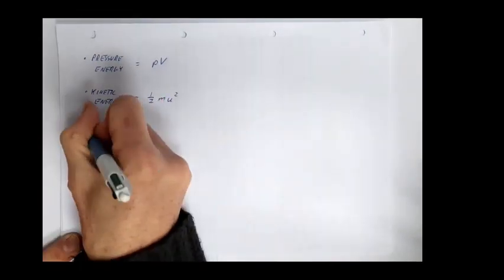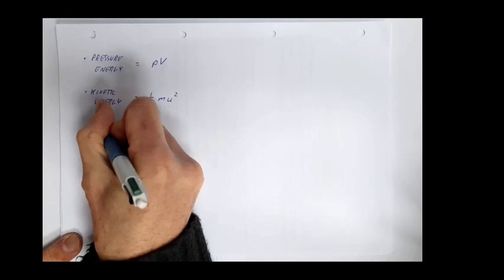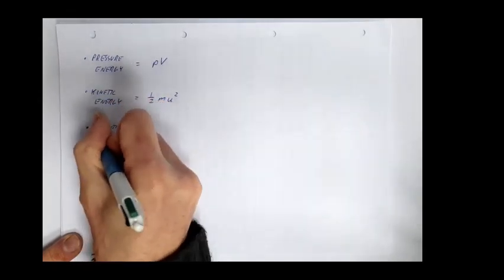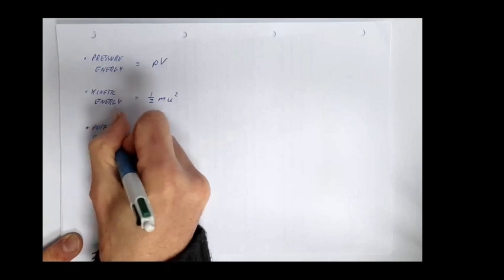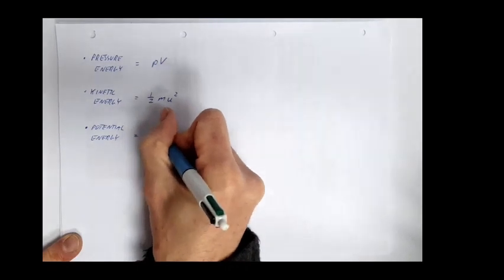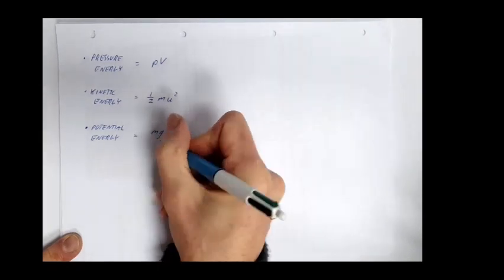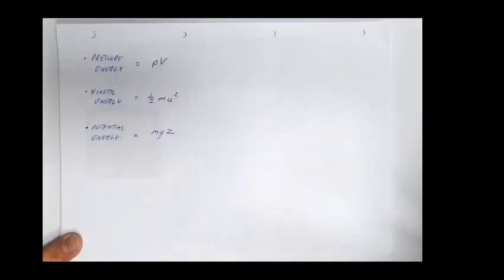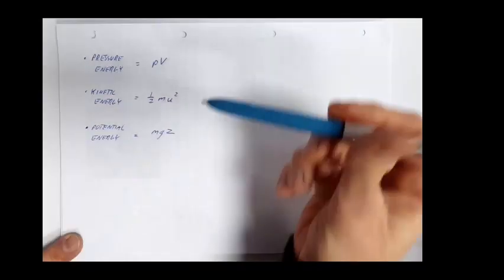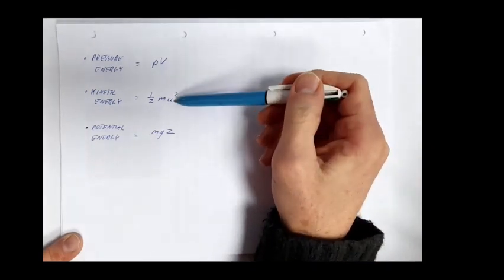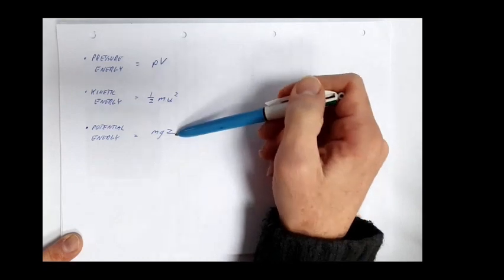And then we've got our potential energy, and that's equal to mgh, or mgz. Let's use z for height in this case. So we've got the energy associated with the pressure, the energy associated with the movement of the fluid, the kinetic energy, and the energy associated with the height of the fluid, the potential energy.